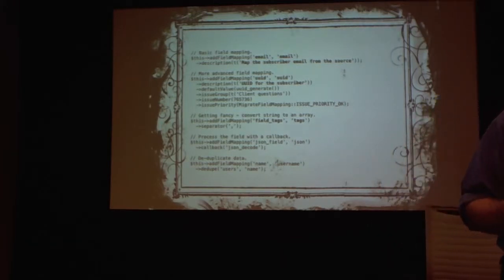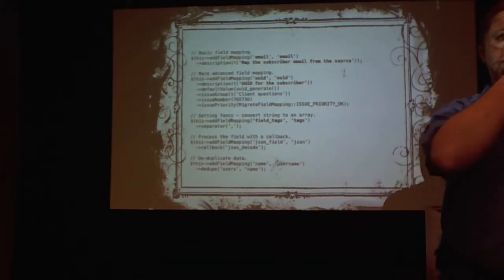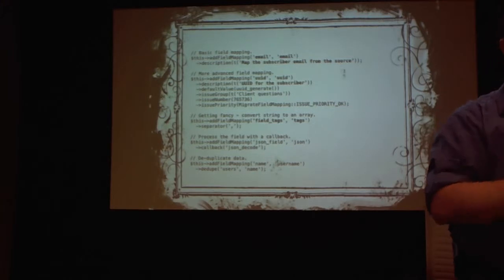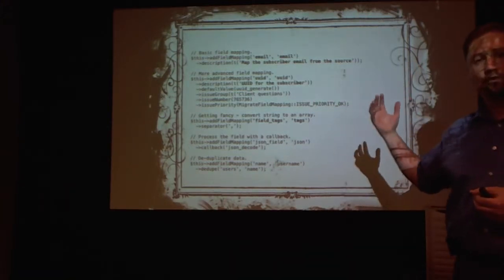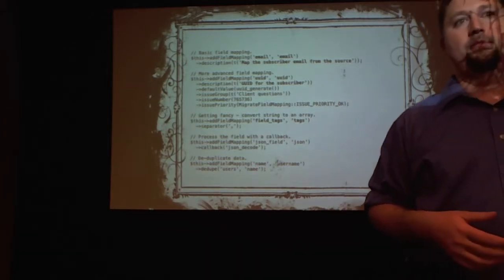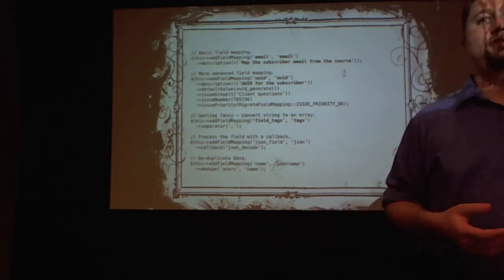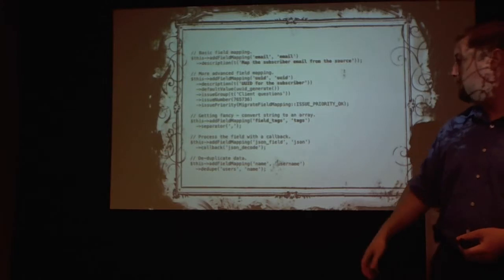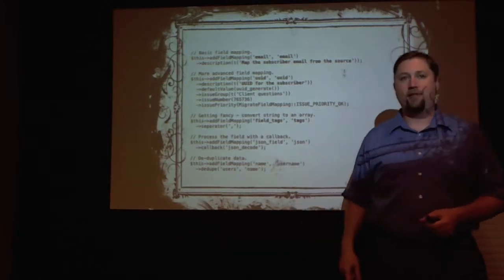So the extraction part is what your source class does, and it extracts the data out of the source, iterates over it. This is the transformation part, because rarely is the data clean that you're importing. You've got misspellings, or you've got duplicates. Duplicates are a big problem, and so they've got this great dedupe method that's built in there.